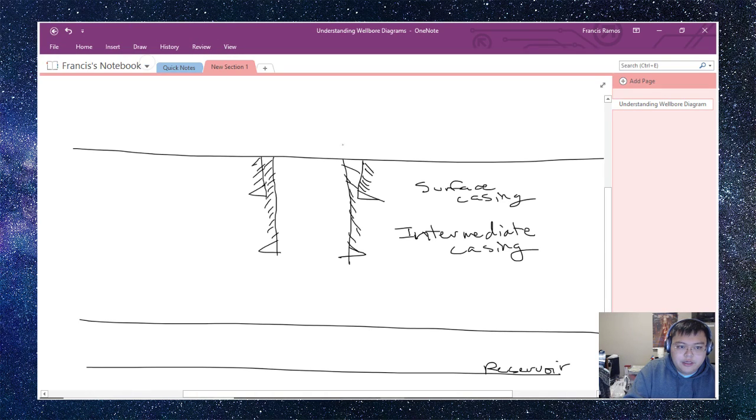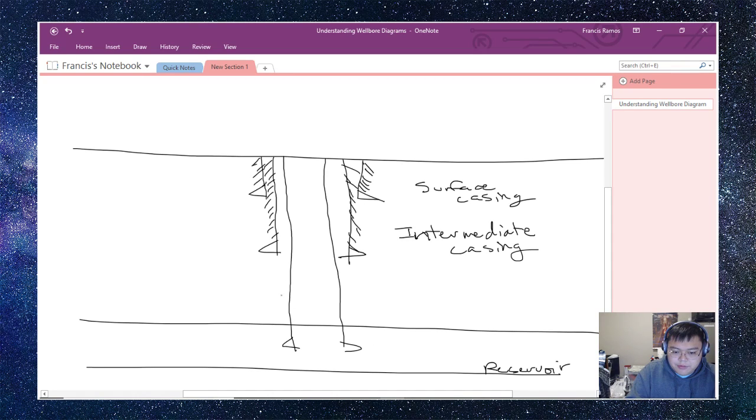Let's go back over here. Now, for the sake of brevity, you can have more than one intermediate casing. So, okay, there you go. Now, you drill even deeper, and you notice the radius is getting smaller all the way down to the reservoir.